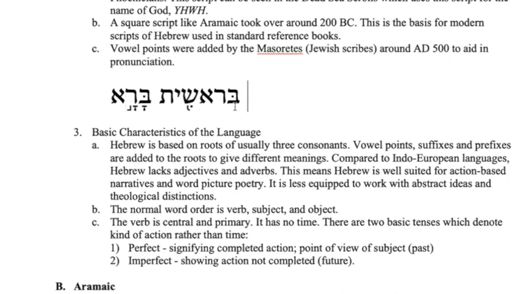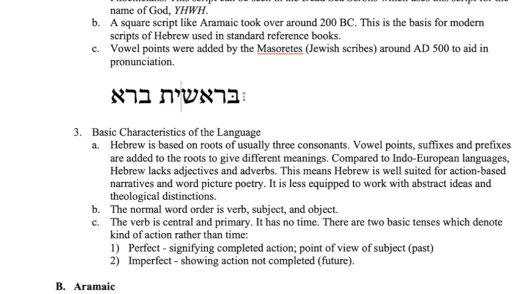Oh, it's a little hard to erase. Oops, one more. So you can see, basically, I'm trying to get rid of those vowel points. So most of them are erased now.